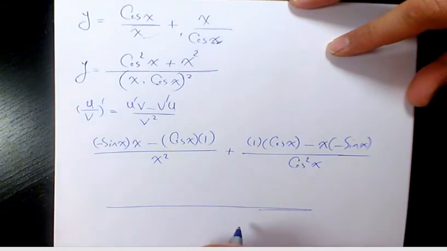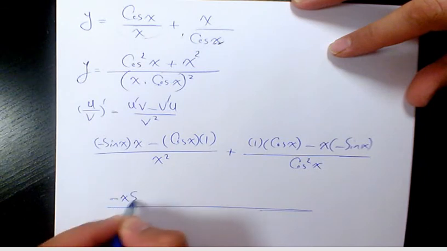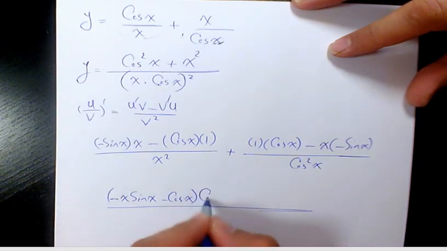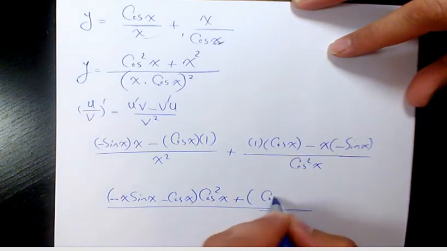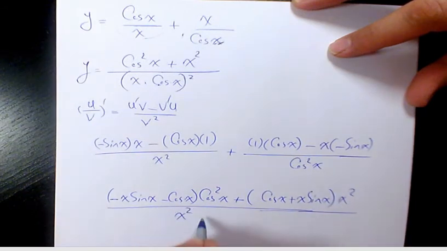Then it's going to be negative x sine x minus cosine x, times cosine squared x, plus cosine x plus x sine x times x squared, over x squared cosine squared x.